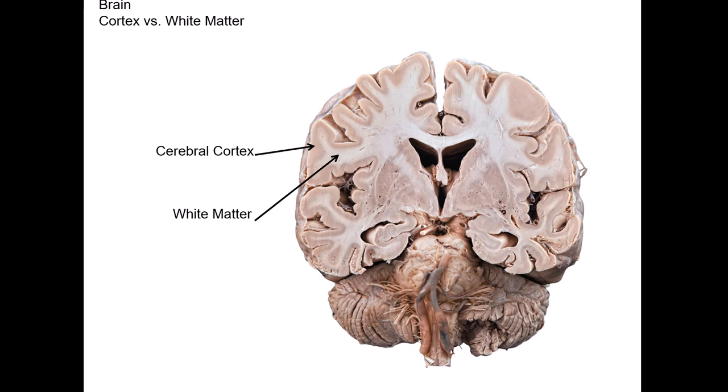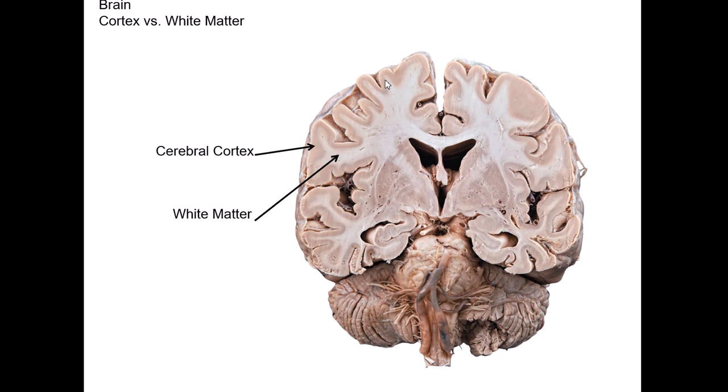So if you go back to this picture here, again, it's a frontal section through the cerebrum. You can see here this darker tissue. This is going to be gray matter. So everything in here is unmyelinated tissue, like unmyelinated axons, neuroglia, connective tissue, that type of thing. All of this is going to be in this gray matter.